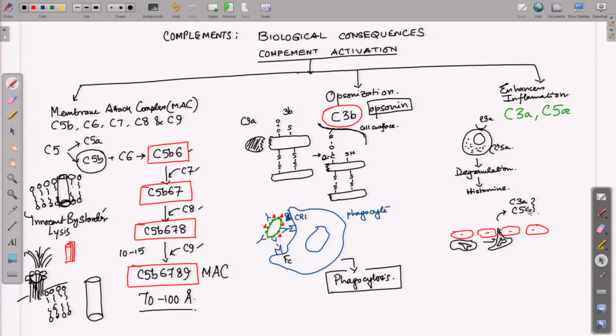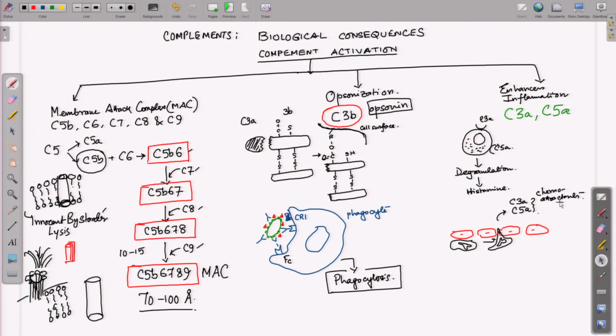So, these can also act as chemoattractants, and this can also enhance inflammation. They can bring more and more of these neutrophils, more and more of these phagocytes, the monocytes, to the site of action.